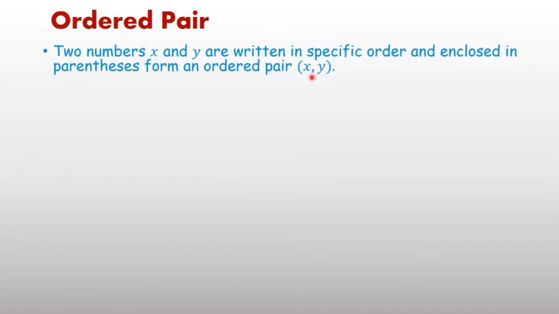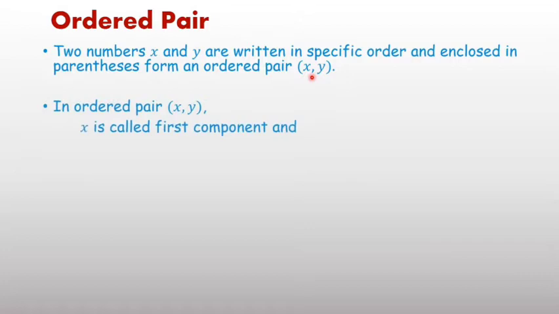In the ordered pair (x, y), x is known as the first element and y is known as the second element, or second component. If we write the ordered pair as (2, 3), then the first component is 2 and the second component is 3.